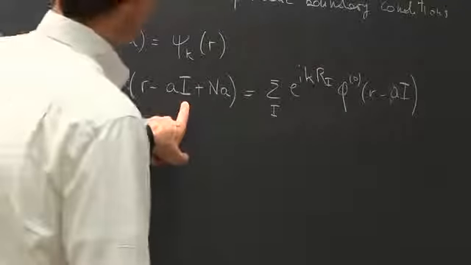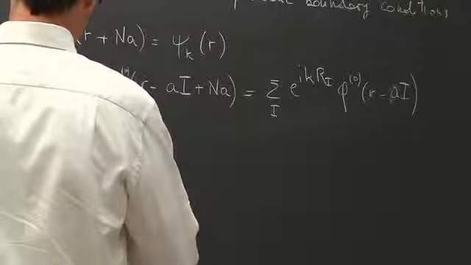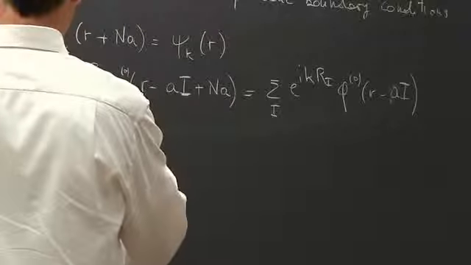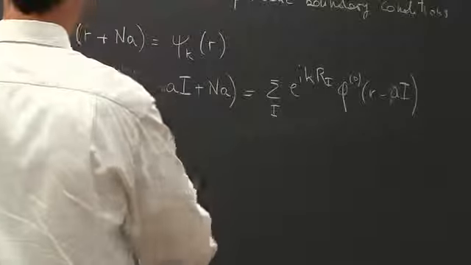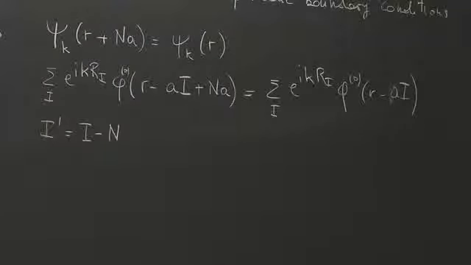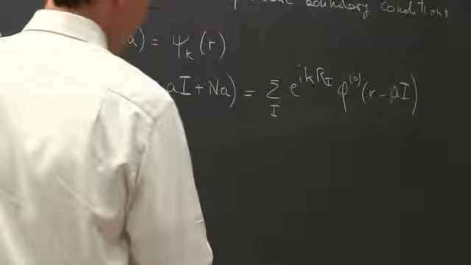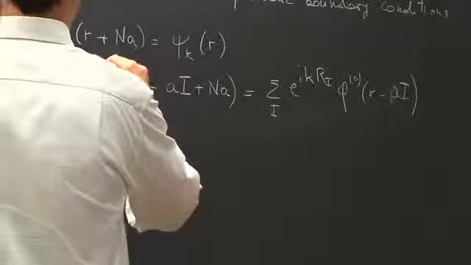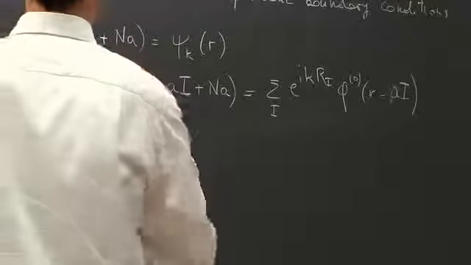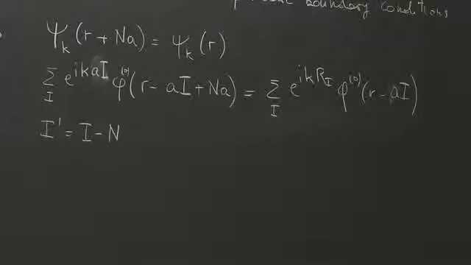Now let me define i' as i minus n. Sorry, I should have also written this one as a_i. Let me define i' equals i minus n.